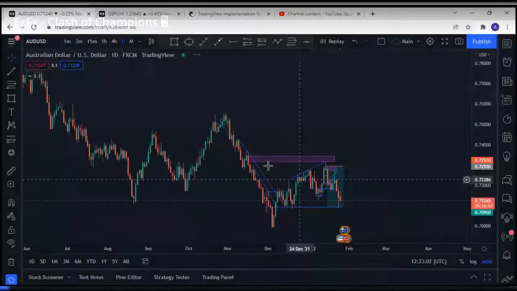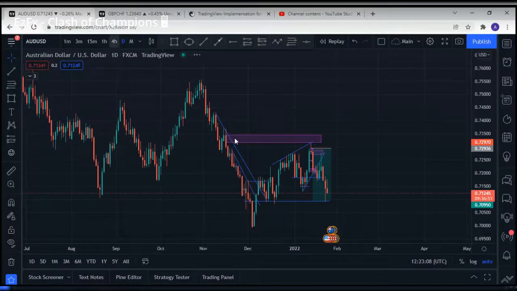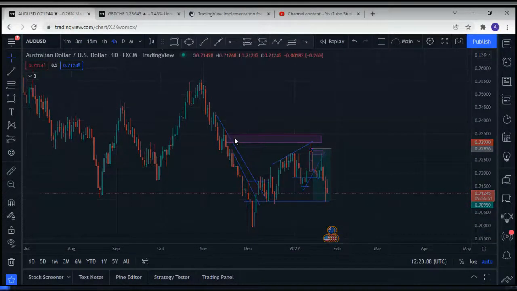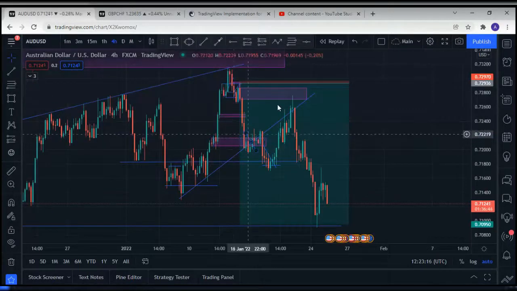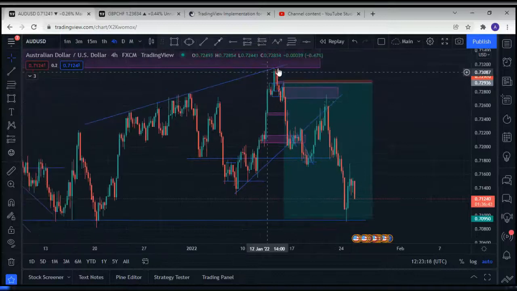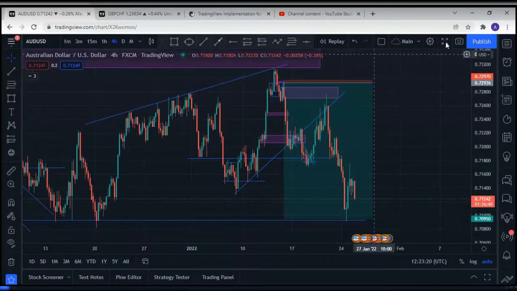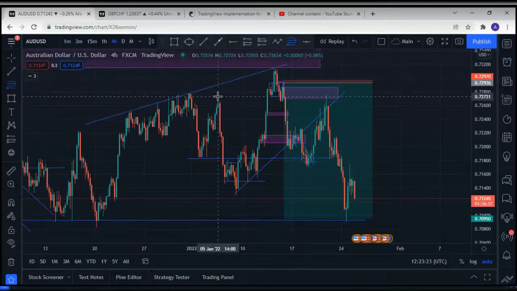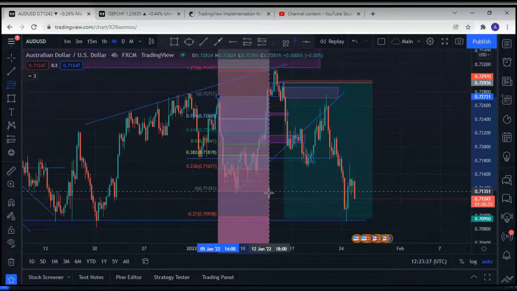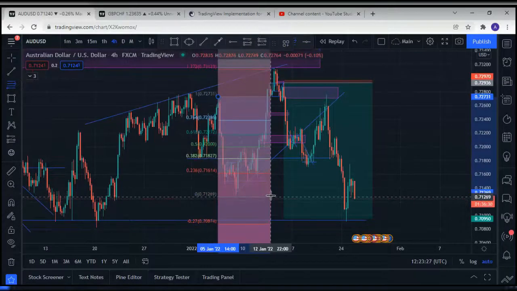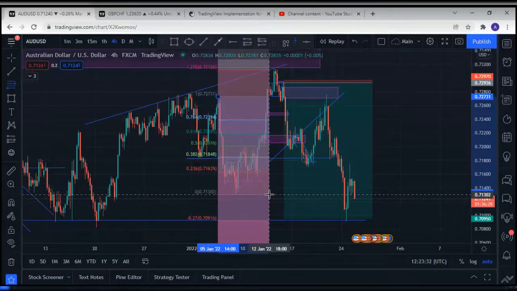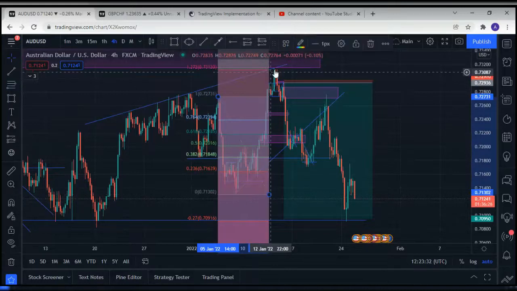So on the 4 hour time frame, I observed price approaching this trend line, which overlapped with this order block at that spot. At the same time, the Fibonacci, based on the custom levels of my Fibonacci tool, showed me that price was at a premium reversal zone.